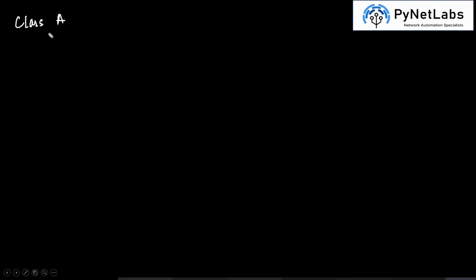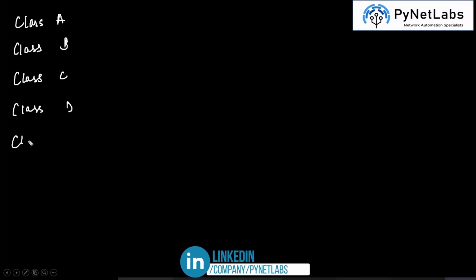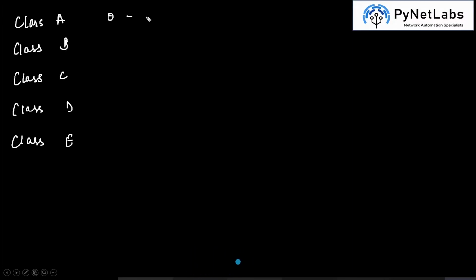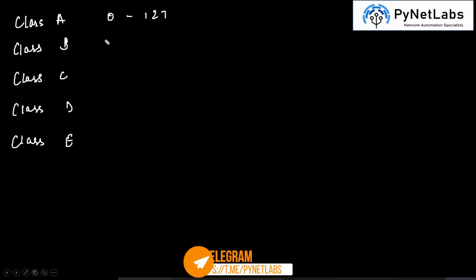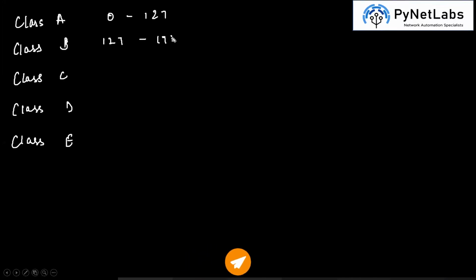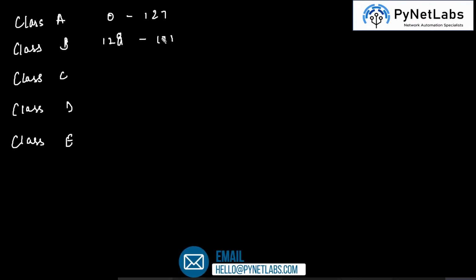We ended the class yesterday at IP ranges, which were class A, class B, class C, class D, class E. The class A ranges from 0 to 127. Then class B ranges from 128 to 191.